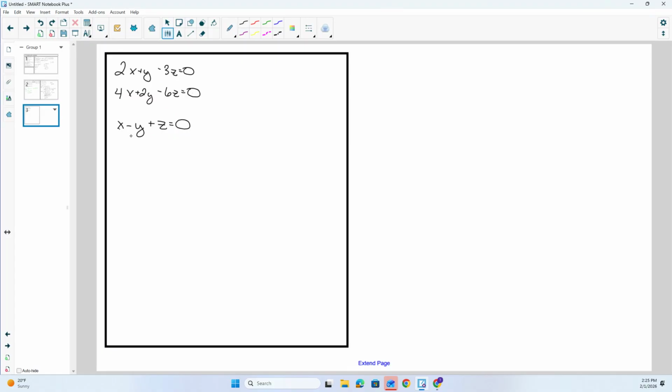I'm going to use this 2. I know that if I multiply this by negative 2, that would cancel out, that would give me negative 4x minus 2y plus 6z. And if I would have added that, then we would have seen it, we would have canceled out to be 0 equals 0.